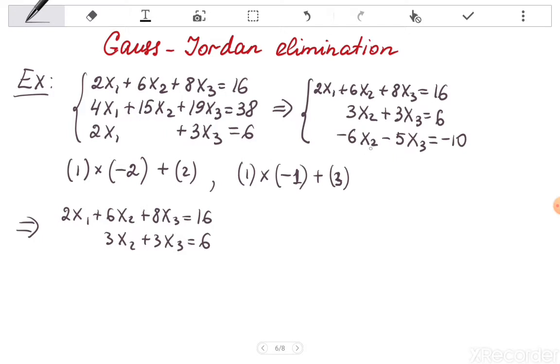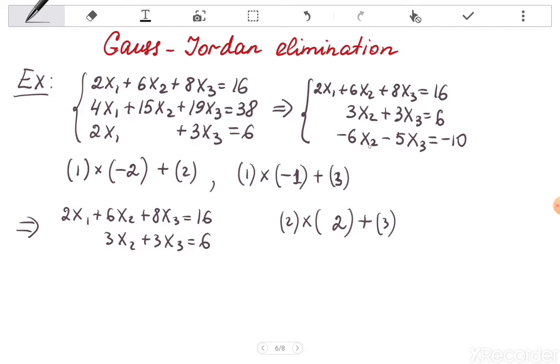So I need to do something to get rid of this x2. So I have to multiply the second equation by 2 to get 6, and add to this the third equation. So when I multiply by 2, I get 6. When I add to this, I eliminate x2.